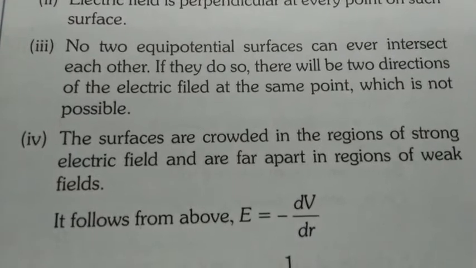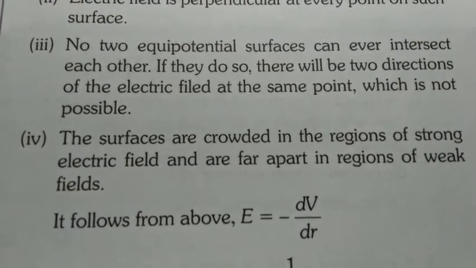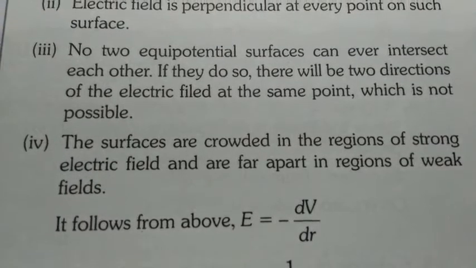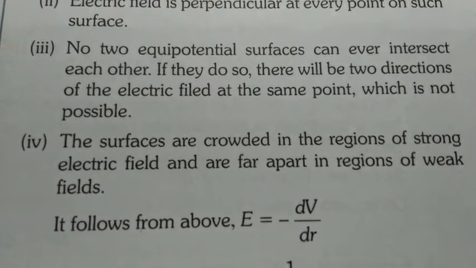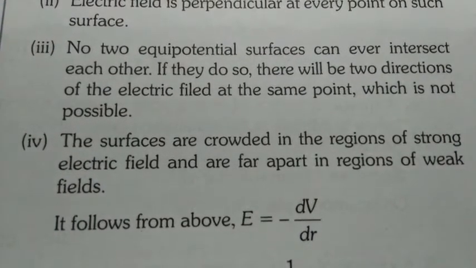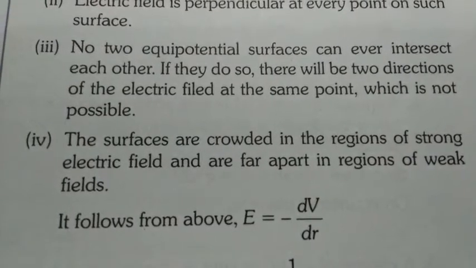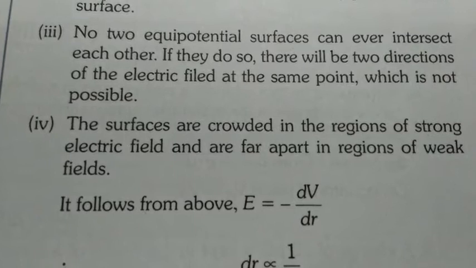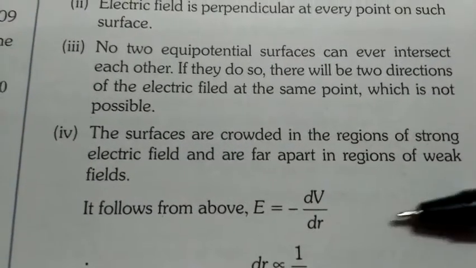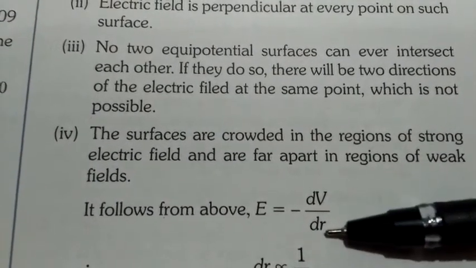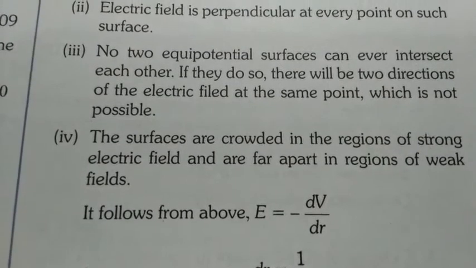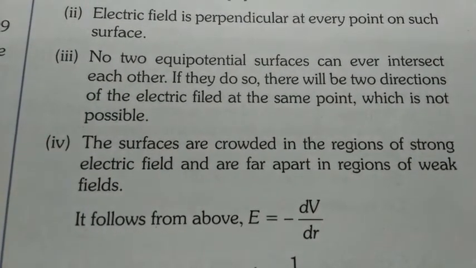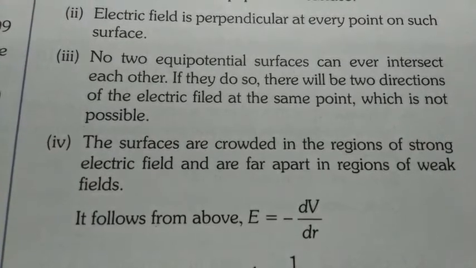Then the fourth point, the surfaces are crowded in the regions of strong electric field and are far apart in regions of weak electric field. It follows from the above, E equals minus dV upon dr. So here you can see, as dr decreases, E will increase.